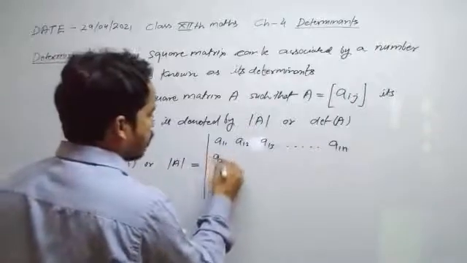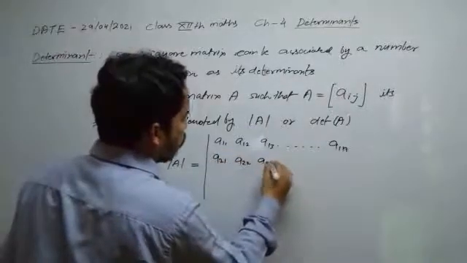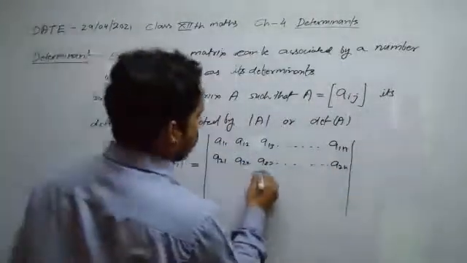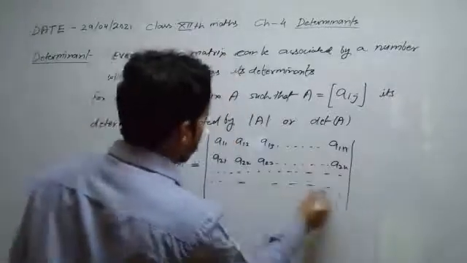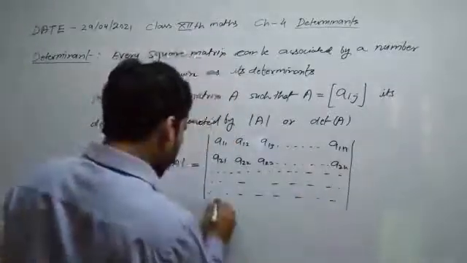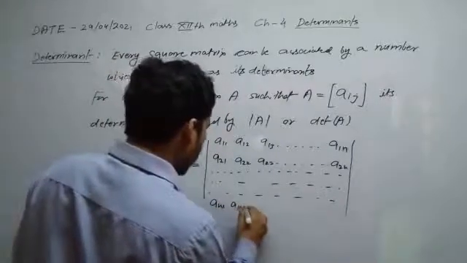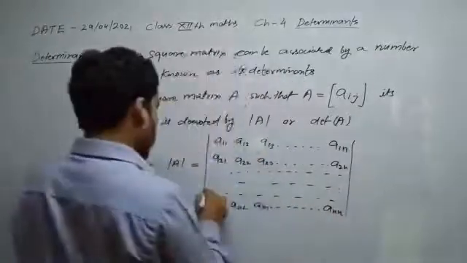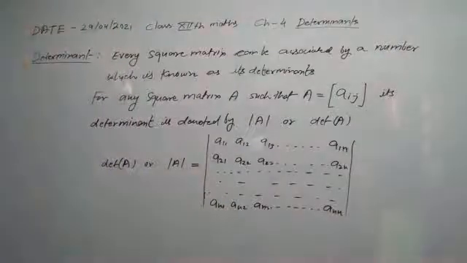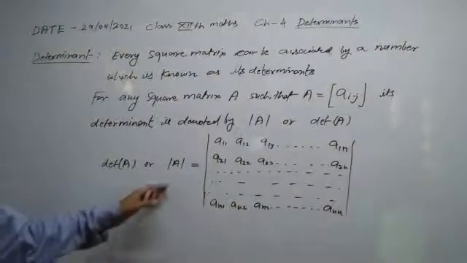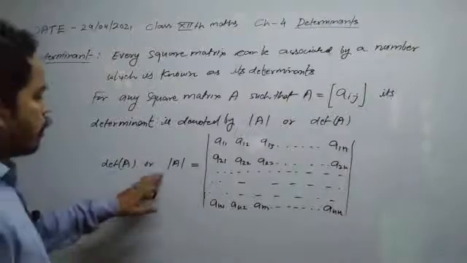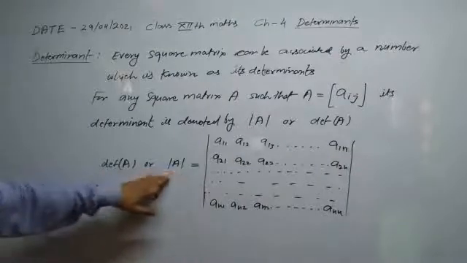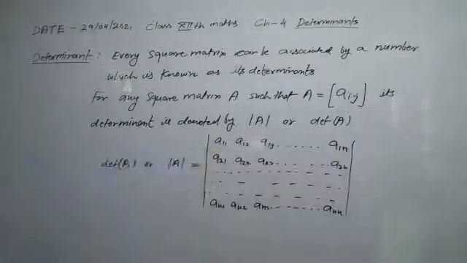Similarly, A21, A22, A23 up to A2n, and so on up to an1, an2, an3 up to ann. So for n square elements, its determinant of A is denoted by det of A or A between vertical lines, and defined by this expression.